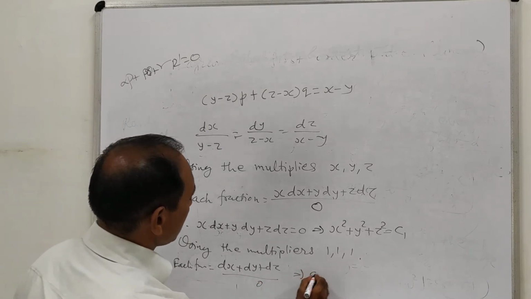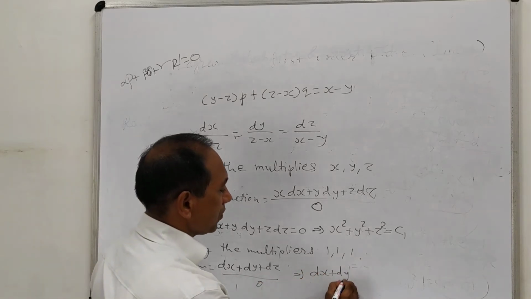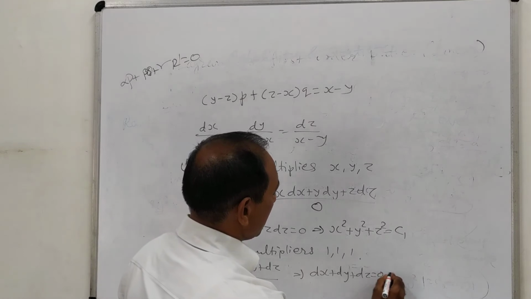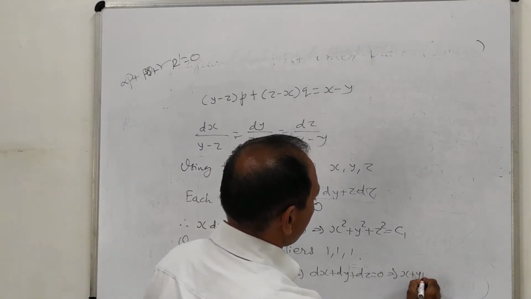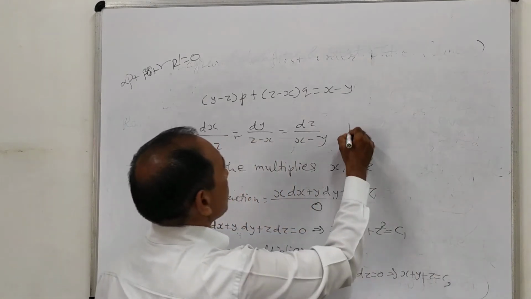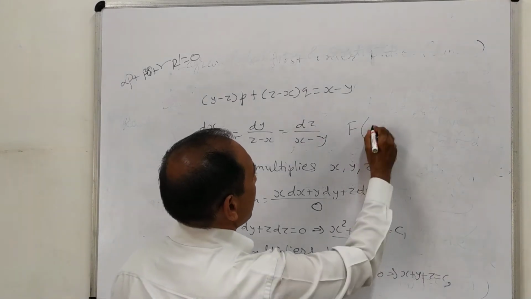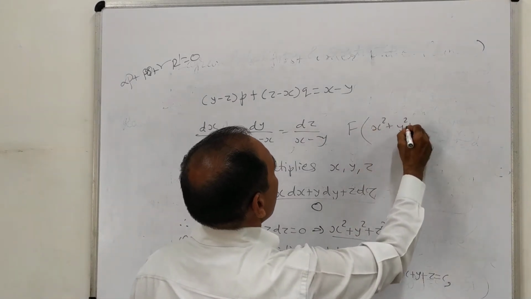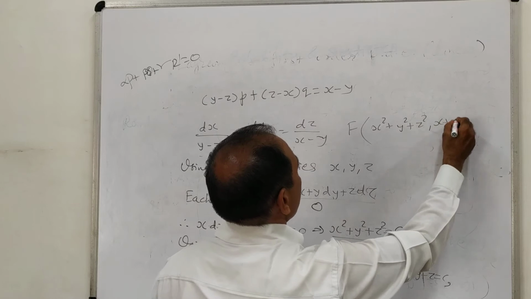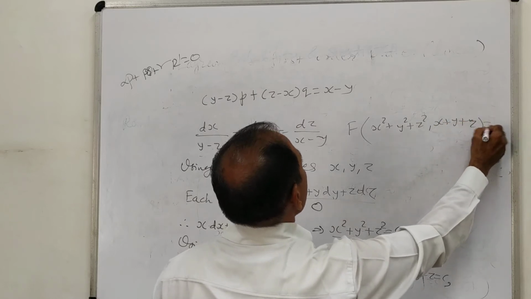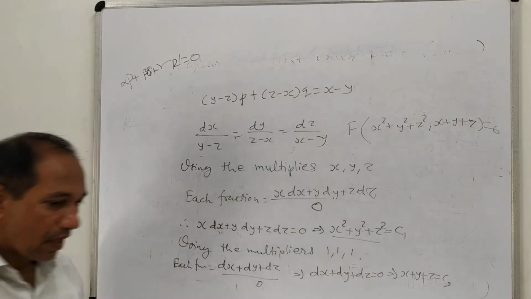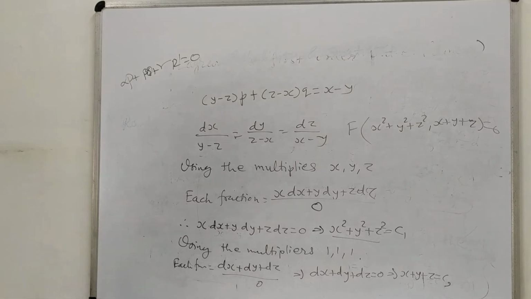So this gives us dx plus dy plus dz equal to 0, and integrating we get x plus y plus z equal to c2. So our final solution is f of (x square plus y square plus z square, x plus y plus z) equal to 0. This is the second solution which we obtain.